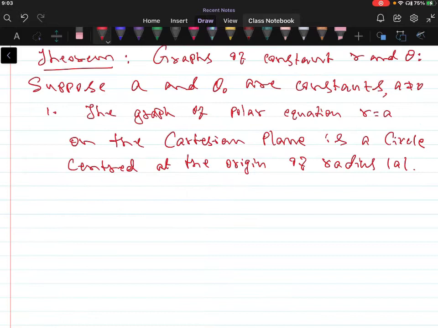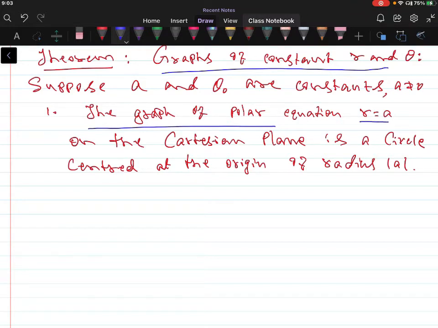We'll move to the theorem. Graphs of constant r and theta, where r and theta are the polar coordinates. Suppose a and theta naught are constants, a is not equal to 0. The graph of the polar equation r is equal to a, where a is a constant, on the Cartesian plane is a circle centered at the origin of radius modulus of a.